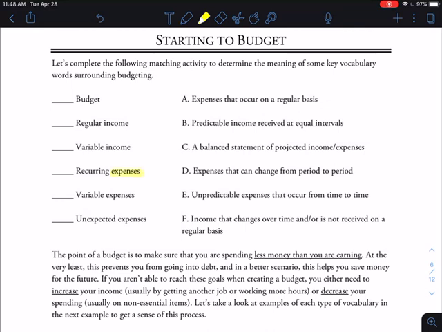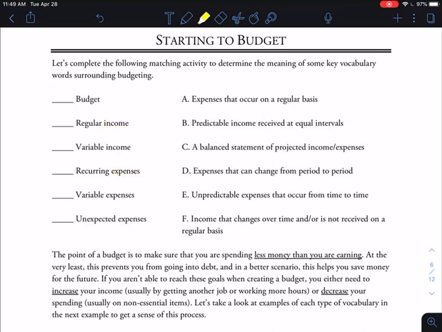You're going to see expenses shows up a lot of times, and income shows up a couple times as well. And you're also going to see the words regular or recurring, and so do the words variable or unexpected. Something that's regular is something that would be recurring or expected, and then the variable or unexpected would be stuff that we wouldn't be able to predict. Income is money that's coming in, whereas expenses are money that's going out.